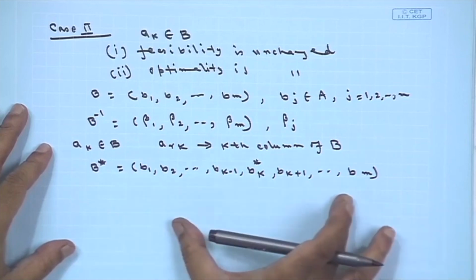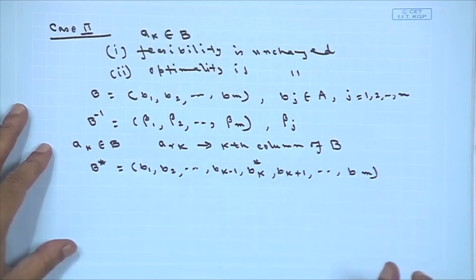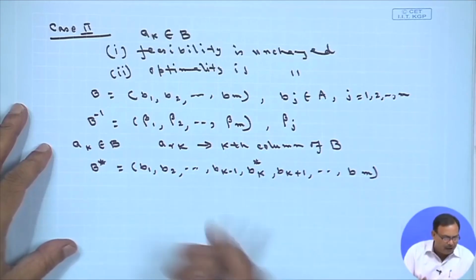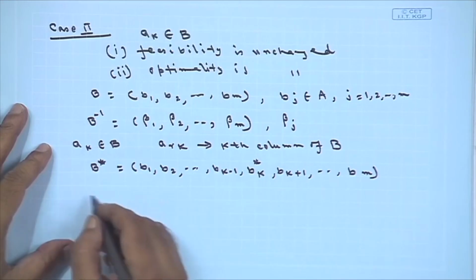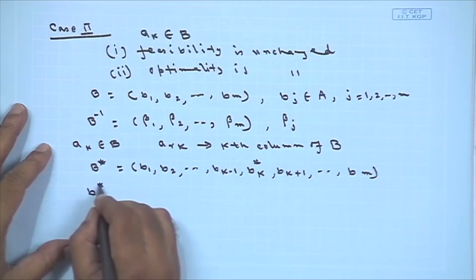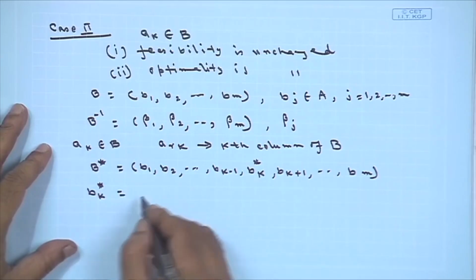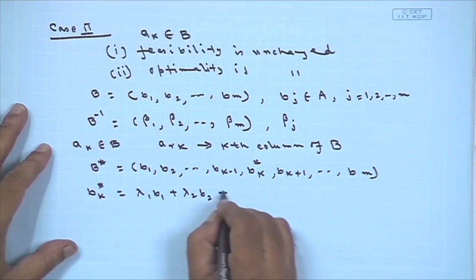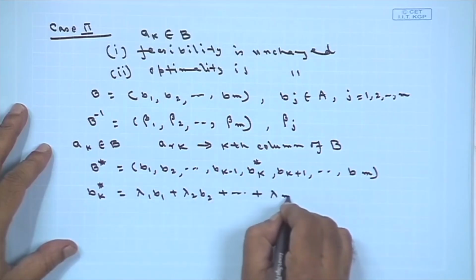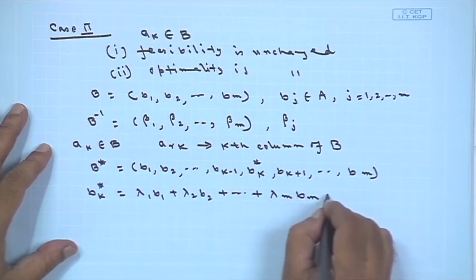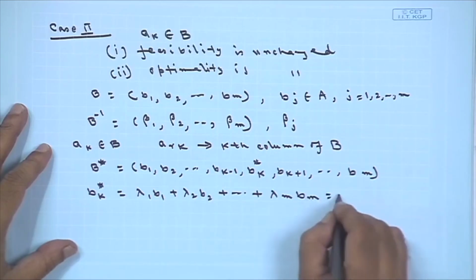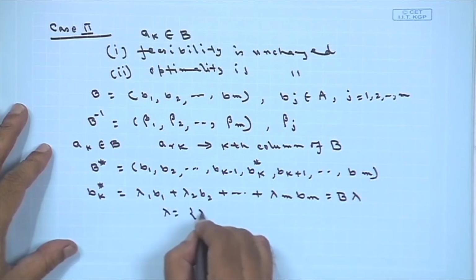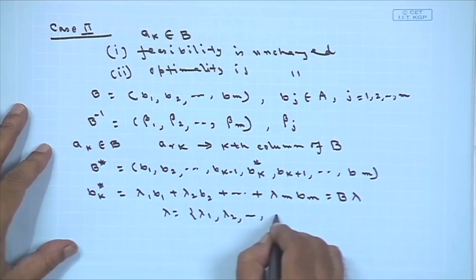So, this vector can be written as a linear combination of the basic vectors of B. This entire vector, this B k star, I can write as a linear combination of others, that is lambda 1 B 1 plus lambda 2 B 2 plus lambda m B m, which is nothing but B into lambda, where lambda is lambda 1, lambda 2, and like this way lambda m.